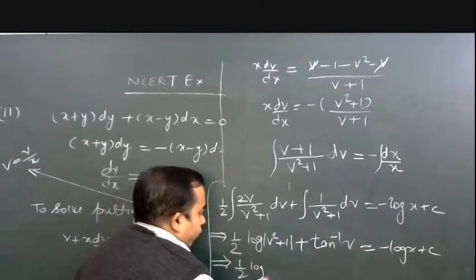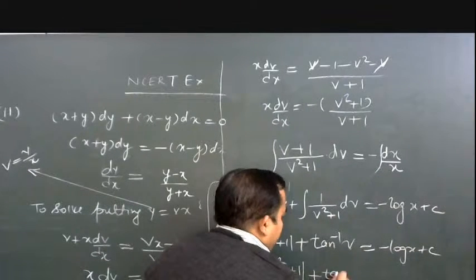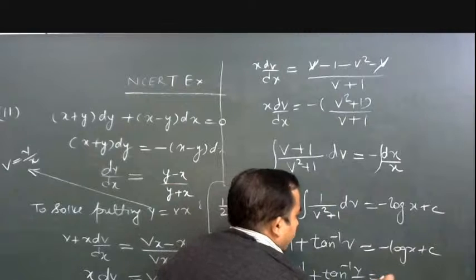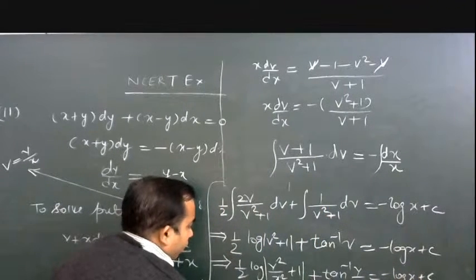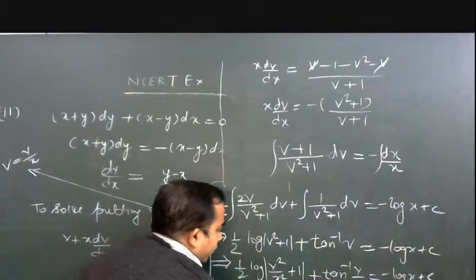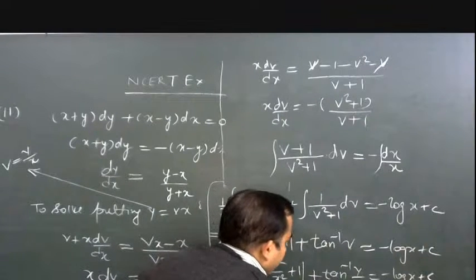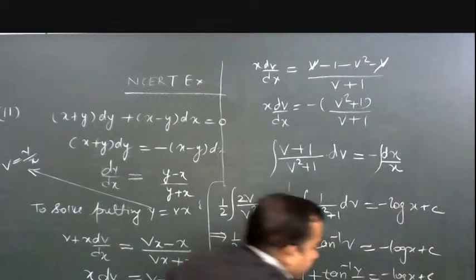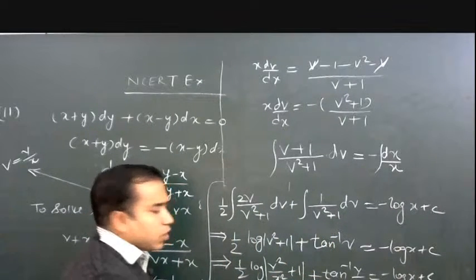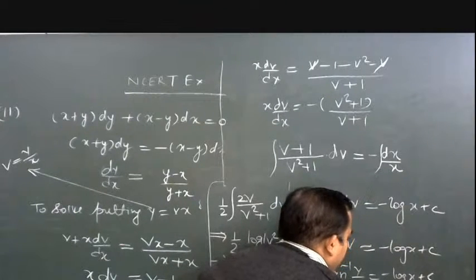Half log y square upon x square plus 1 plus tan inverse y upon x equal to minus log x plus c, and this will become half log x square plus y square, right. And log a upon b is log a minus log b, that I can do, minus half log x square plus tan inverse y upon x equal to minus log x plus c.